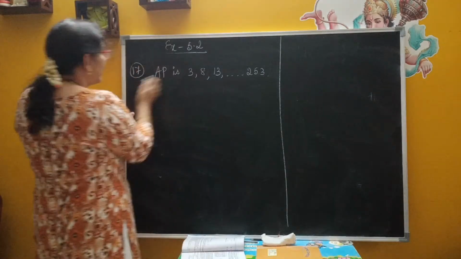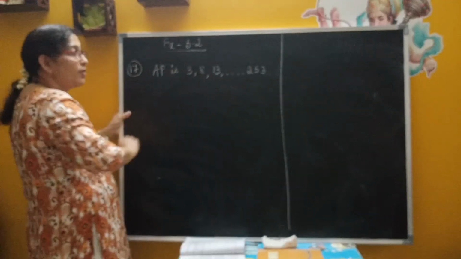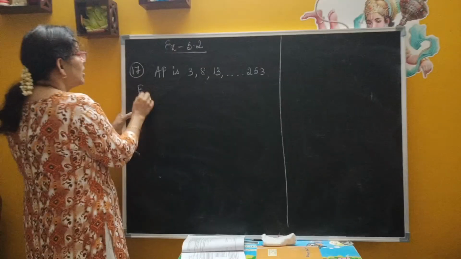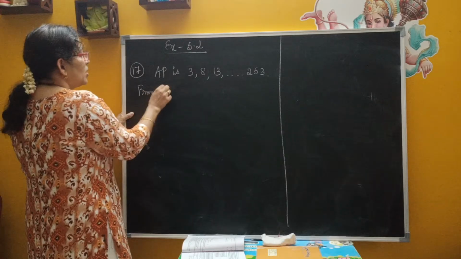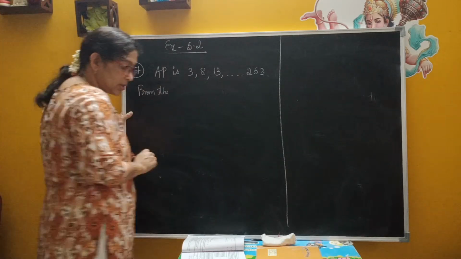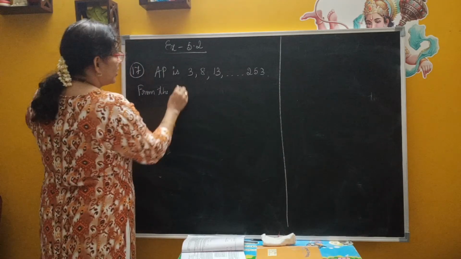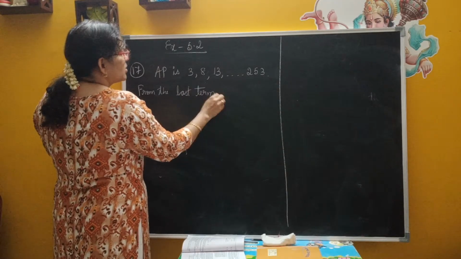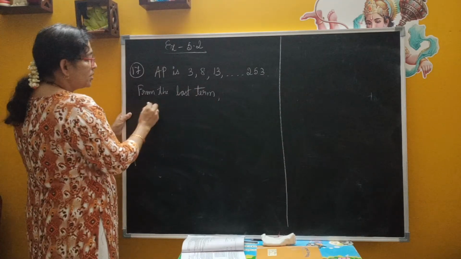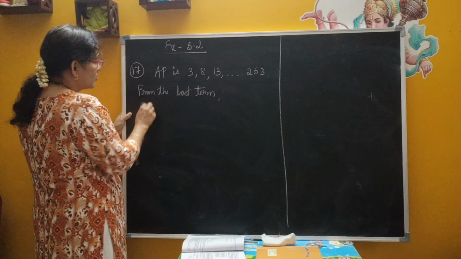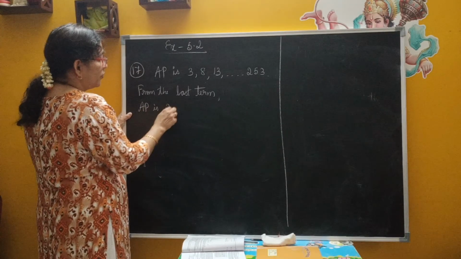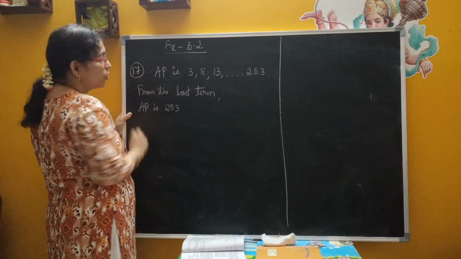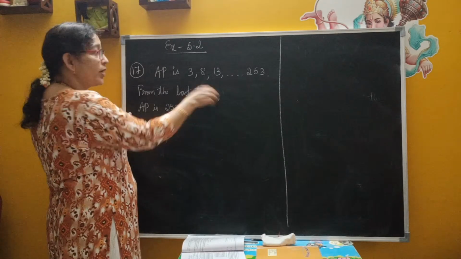Now let us write this same AP in reverse order, from the last term. Here the AP is 253. Then how do you find the next term?